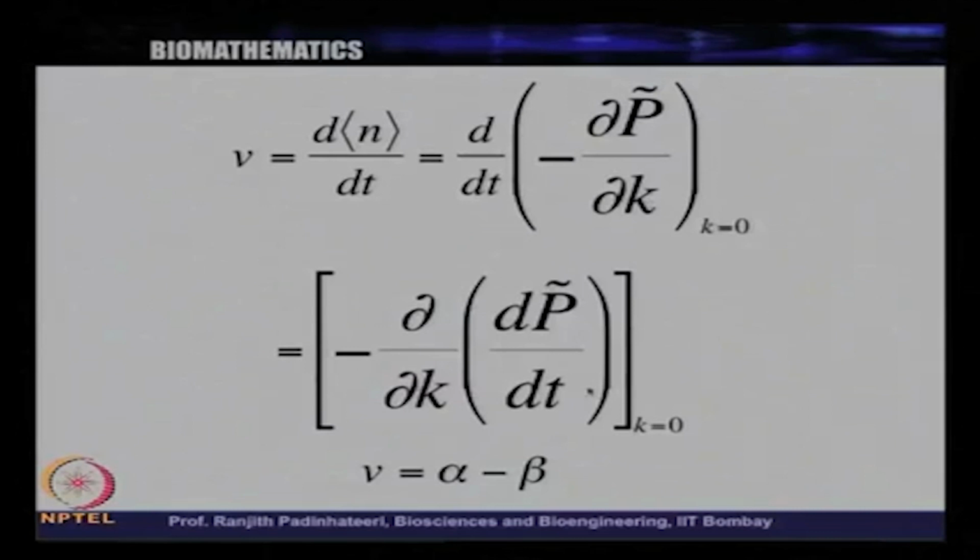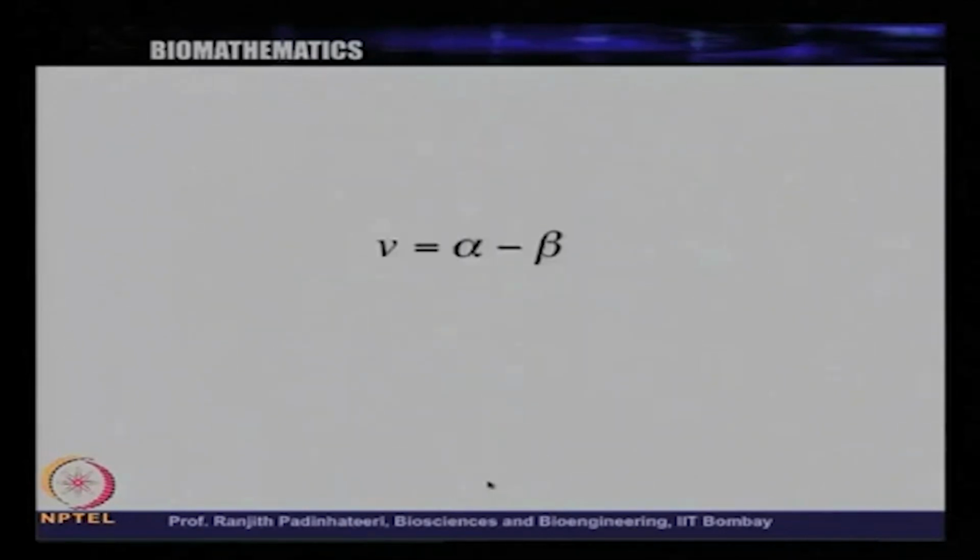And if we do that, we know dp tilde by dt already from our equations, and if we find the derivative and evaluate at k equals 0, we will find that v is alpha minus beta. So, the velocity of growth is basically the polymerization rate minus the depolymerization rate, as you can see here.